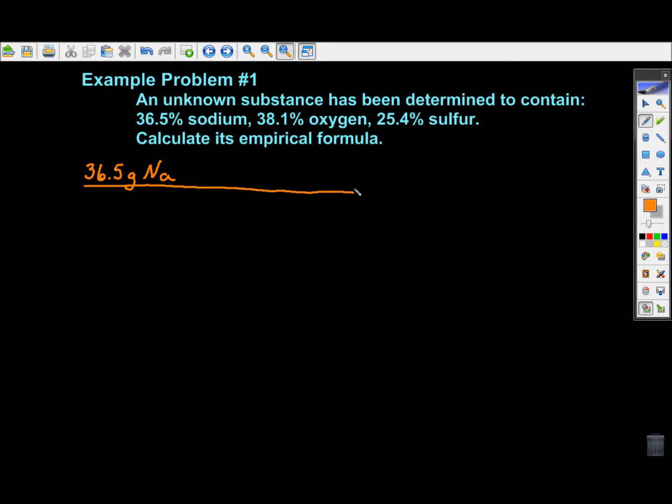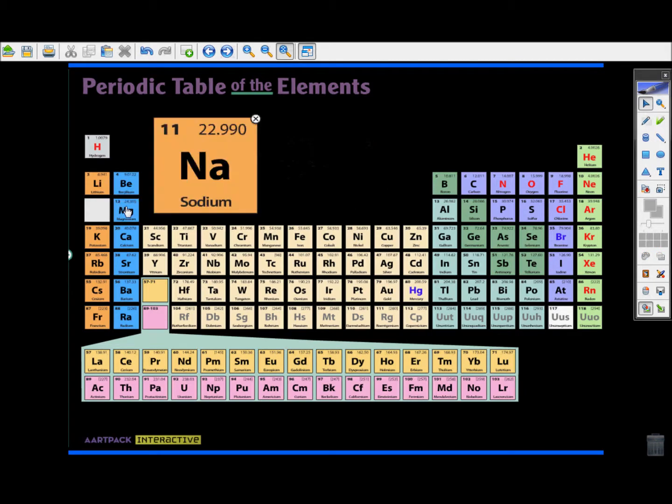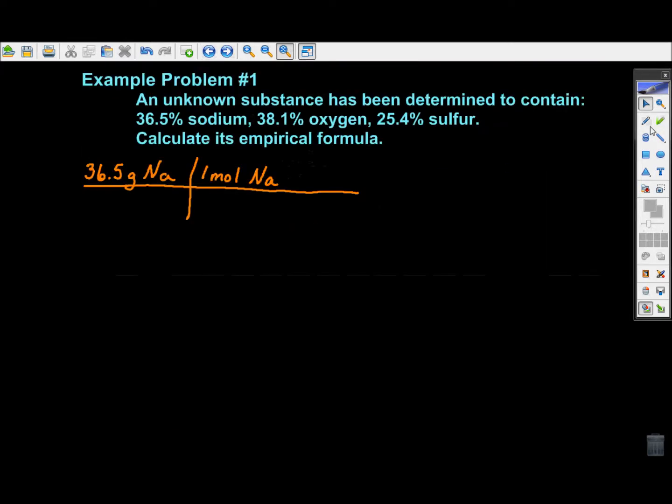If you remember from a prior class, you change it to moles by multiplying by the molar mass, so that your grams cancel and you're left with moles. So if I look on my periodic table for sodium, it's on the next slide, you can see that sodium has a molar mass of 22.99. So that's what goes on the bottom. Grams in 1 mole.